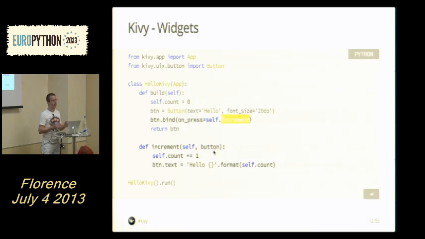For every kind of event, we always pass the source of the event. Here it means you can bind multiple buttons to the same callback, and you will know the origin, the source of the event, because it will be the first argument of your method. So inside the method, I will just increment count and update the text of the button with the count.